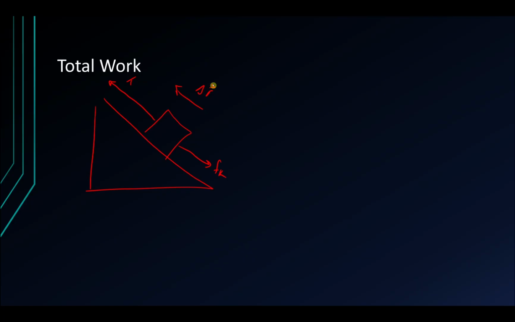We have the tension that is going positive in the same direction as the motion of the object, and we have the frictional force that is going in the opposite direction of the motion of this object. So the total work done is going to be the summation of forces that are parallel times this change in position. So I can actually break this up into two separate calculations.